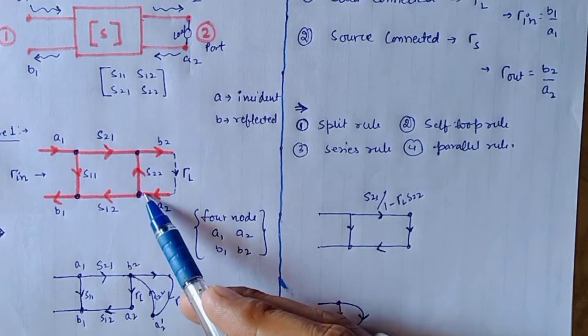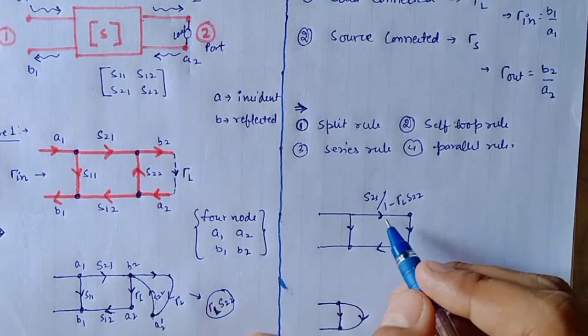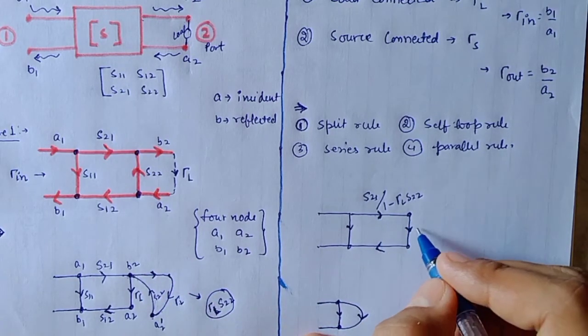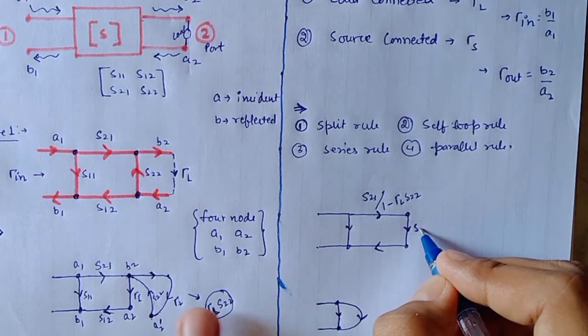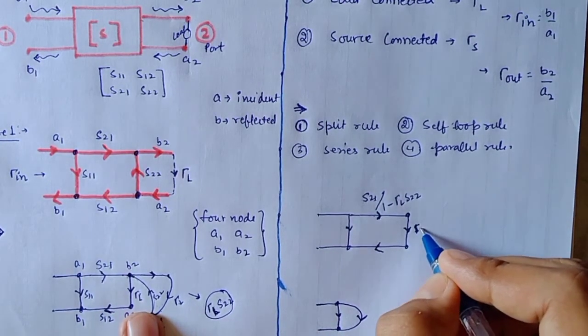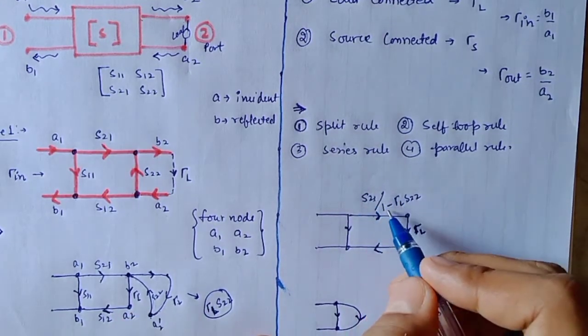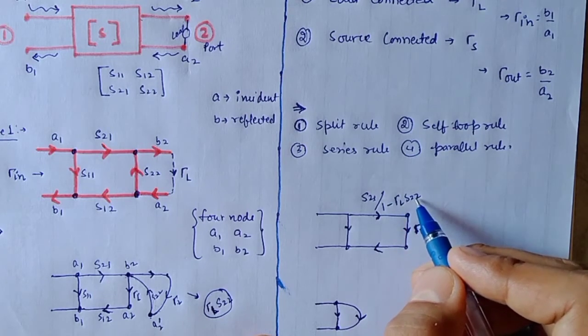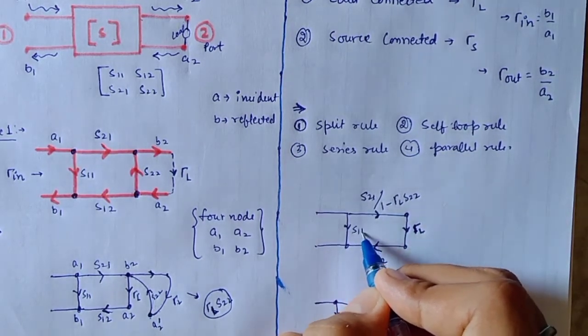First I applied the split rule here, then I eliminated the self loop, and now I got 3 branches. This branch has gamma L, and this branch has S21 divided by 1 minus gamma L S22. This one has S12, this one has S11.